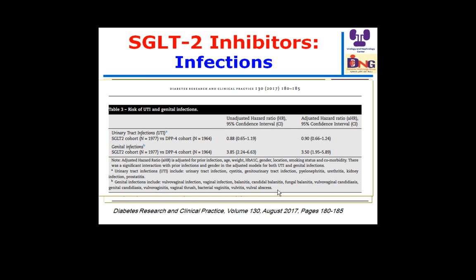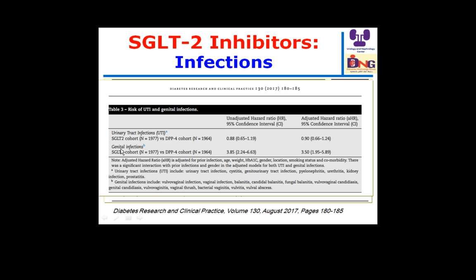So low C-peptide, especially with a statin and diuretics, may be a risk factor for development of ketoacidosis in these patients. Regarding infection, if you look here, there is no significant difference in the comparison of almost 2,000 cases of sodium glucose cotransporter 2 inhibitor to 2,000 cases of DPP-4 inhibitors. Here, UTI is the same, no significant difference.